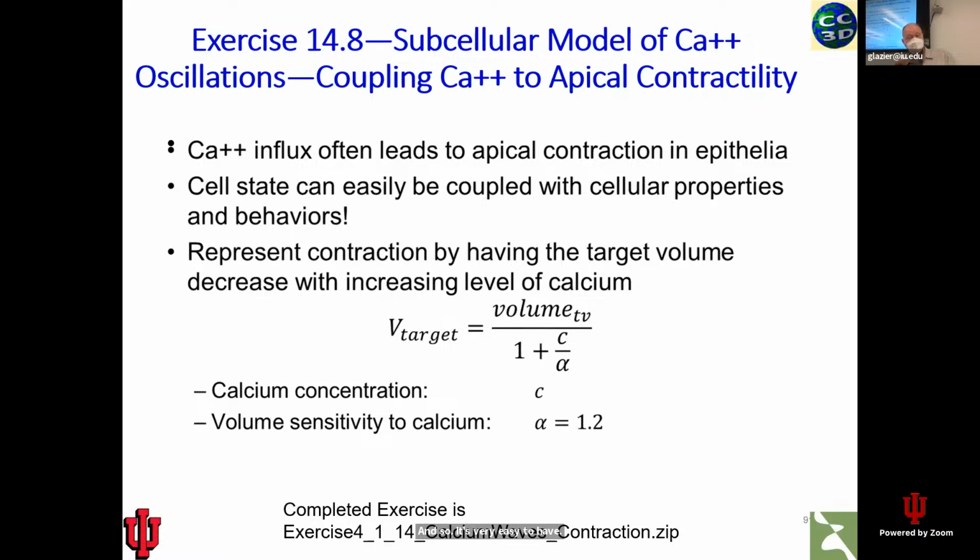If you have the code running, you can add one line which, at each time, says V target for the cell is whatever its natural volume is, divided by 1 plus the calcium concentration divided by, it happens to be 1.2 is a good number to play with. And then what you'll see is that as the wave goes through, you'll get a contraction of the tissue just in the region of the wave.